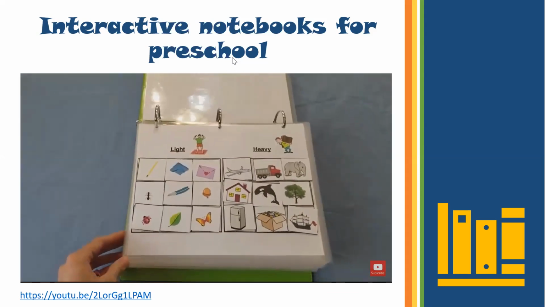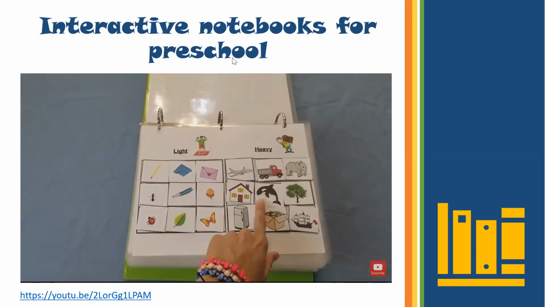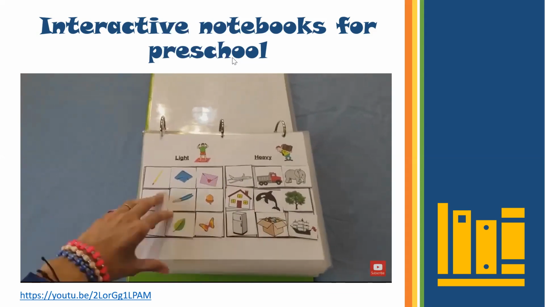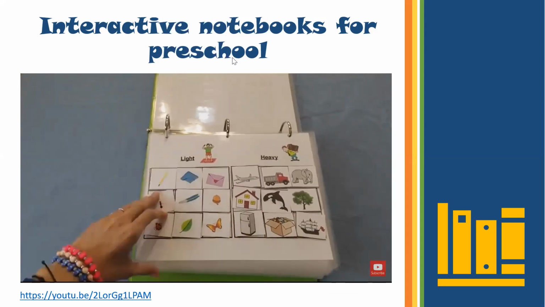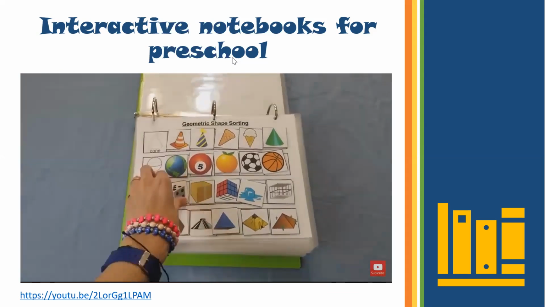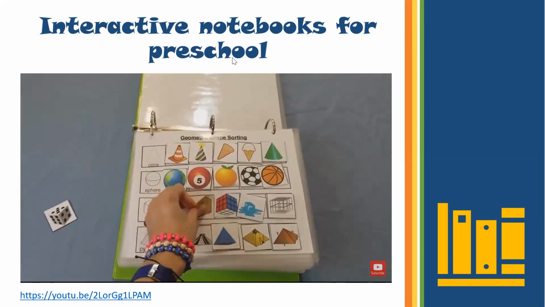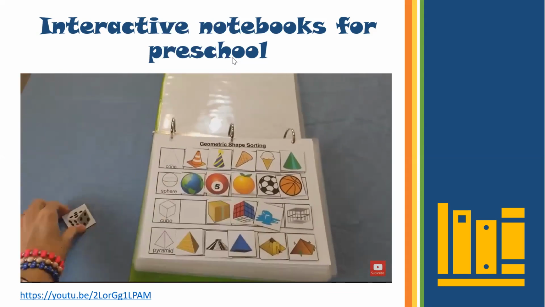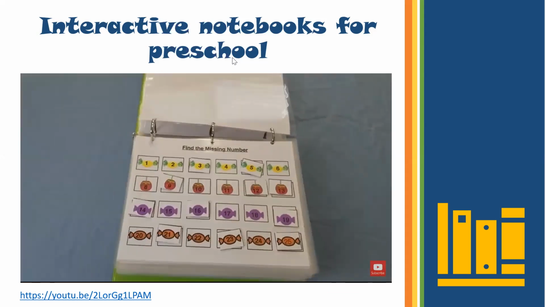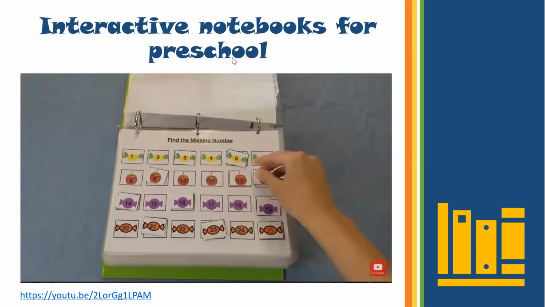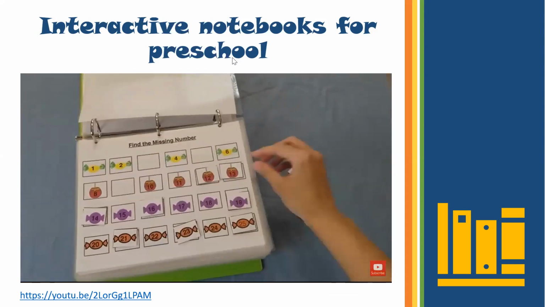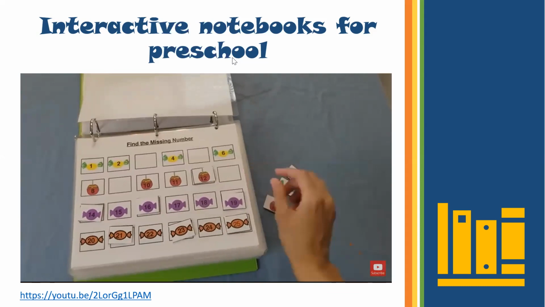Heavy, so we're light and heavy. So here we have a feather, or a whale, or a leaf, or a fridge. Here are three geometric shapes, to sort according to the geometric shape. Find the missing number.